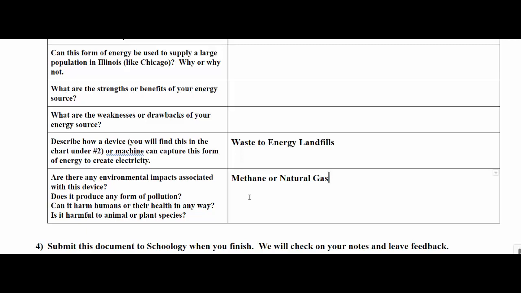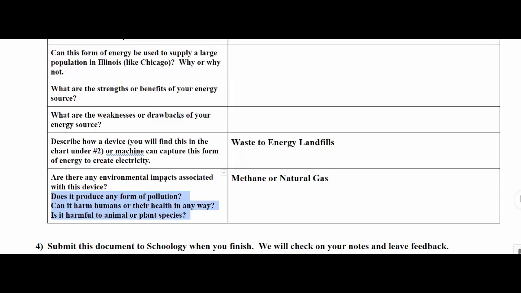Do they have any complications with capturing the methane? Are there any issues that come up with burning methane? Does it cause any form of pollution? So there's 3 questions down here to help guide you through what environmental impacts are associated with the device or machine you're looking at.